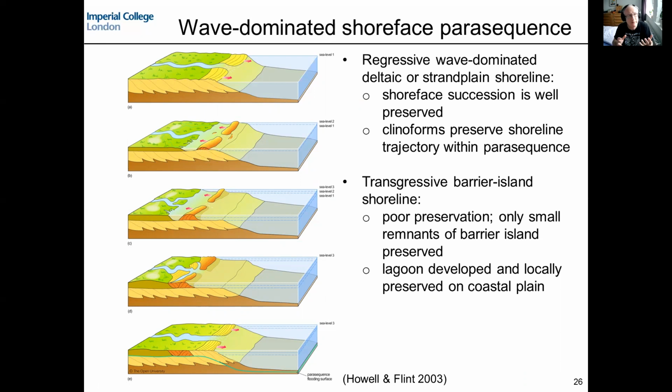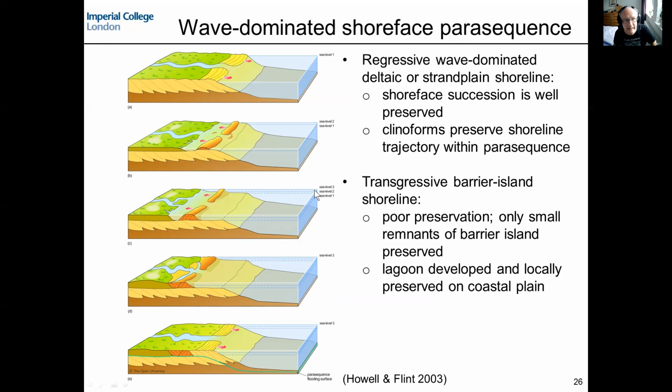So what happens then? Well, we can no longer maintain the strand plane, and in fact the waves start to rework some of the sediment from the strand plane, and they form a small raised feature. This is basically a barrier island, and there's a lagoon behind that. So the barrier island and lagoon start to form when the shoreline is retreating or transgressive.